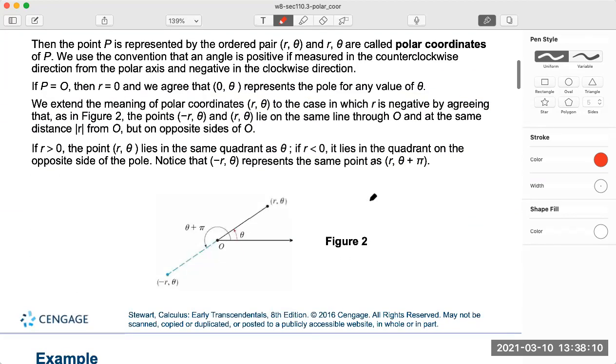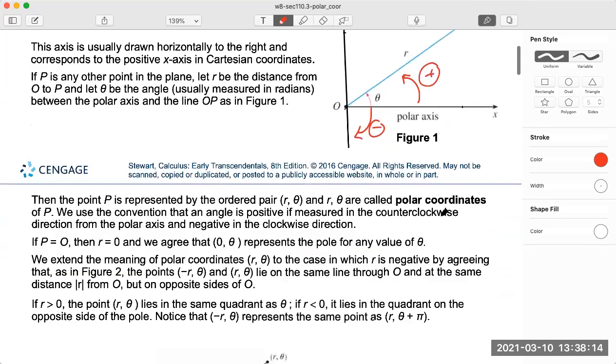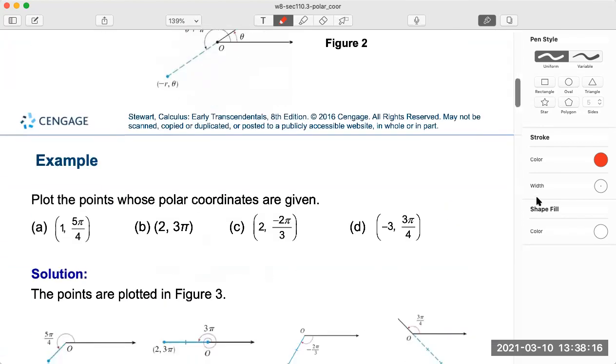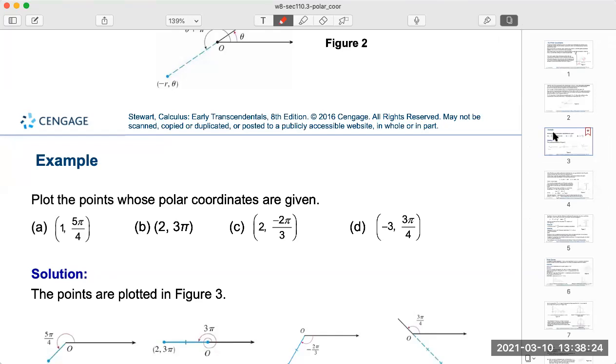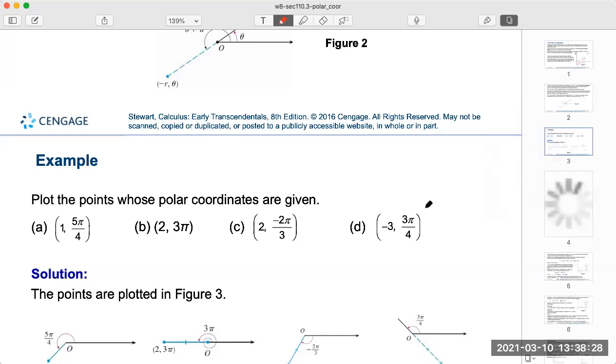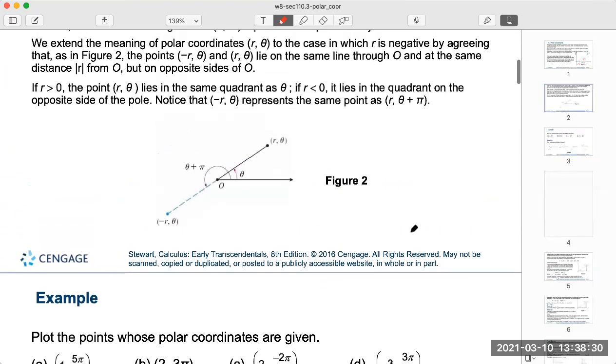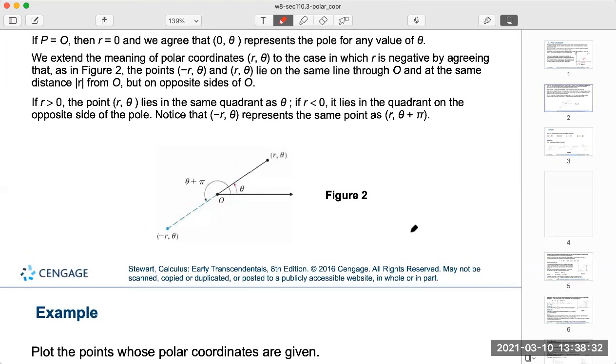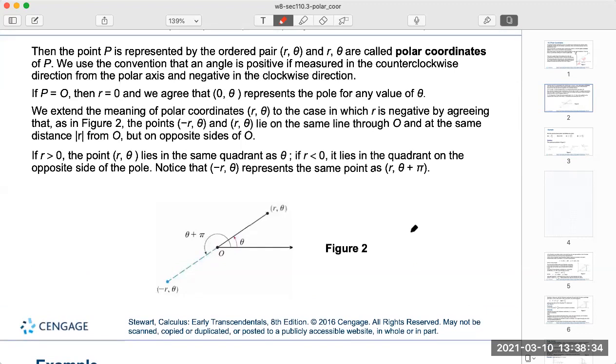Now, for example, in polar coordinates, let us do some examples. One more thing. Sometimes we use negative r. The distance is not negative, right?